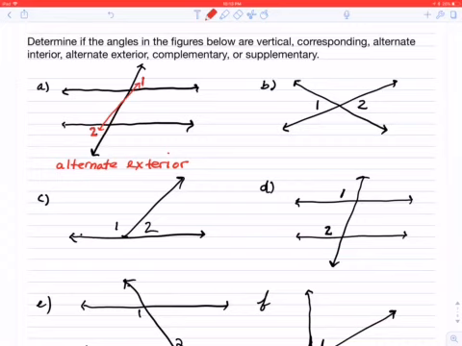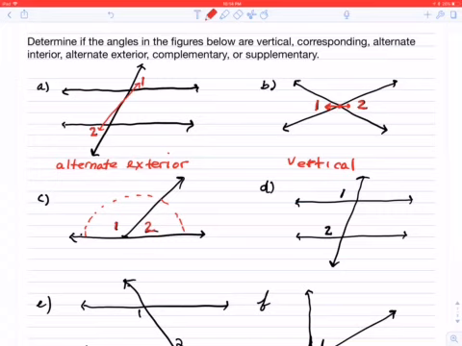For B, angles 1 and 2 are opposite to each other. They share only a common vertex. So we'd say that angles 1 and 2 are vertical to each other. In C, angles 1 and 2 together form that straight angle.